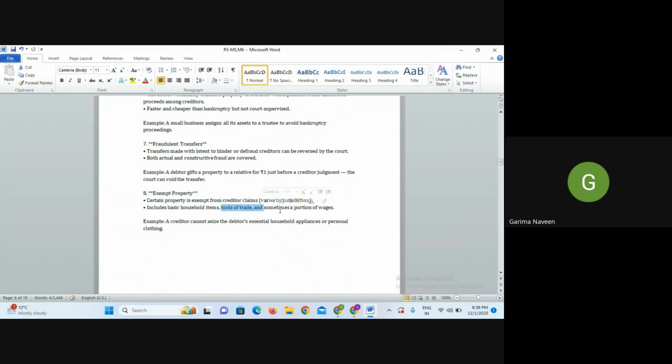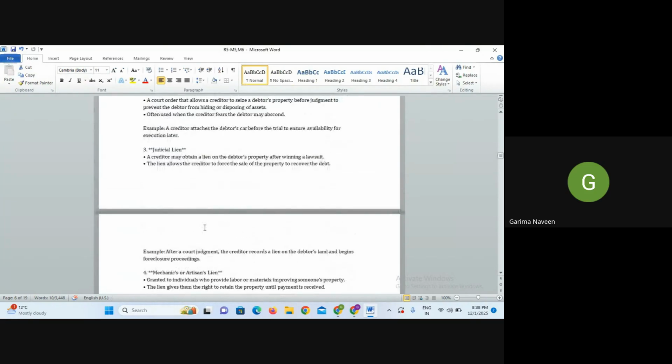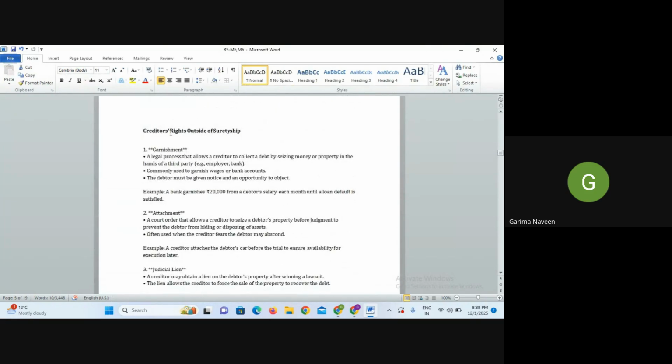Tools of trade, sometimes a portion of wages, some personal medicines. For example, a creditor cannot seize the debtor's essential household appliances or personal clothing. So, these are some of the creditor's rights outside of the suretyship.